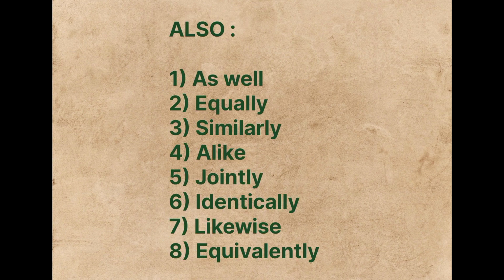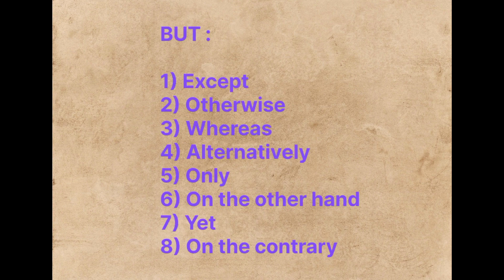Other ways to say also: as well, equally, similarly, alike, jointly, identically, likewise, equivalently. Other ways to say but: except, otherwise, various, alternatively, only, on the other hand, yet, on the contrary.